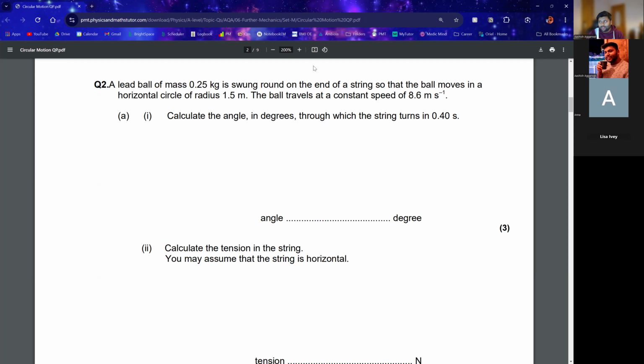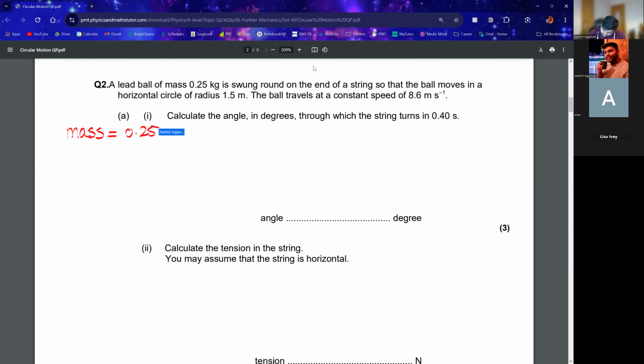So I'll start it off, and the starting step is what you were just saying. We've got mass, which is 0.25.